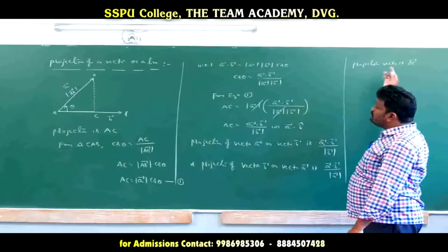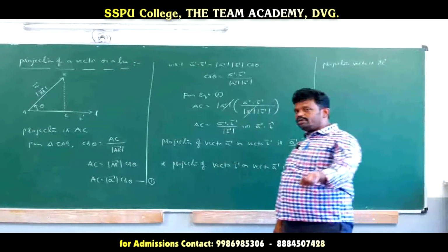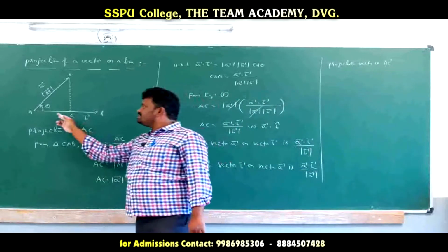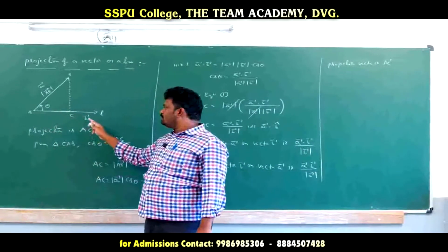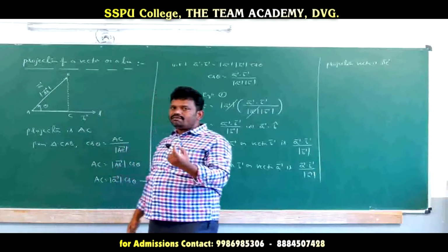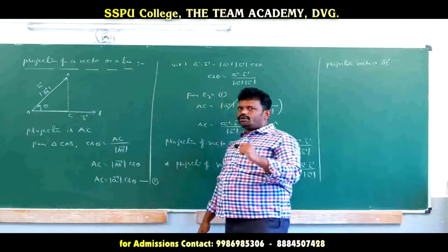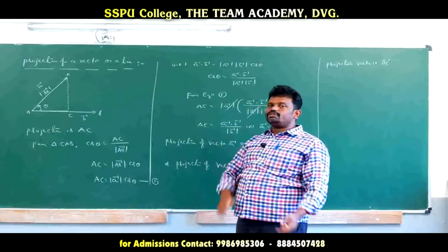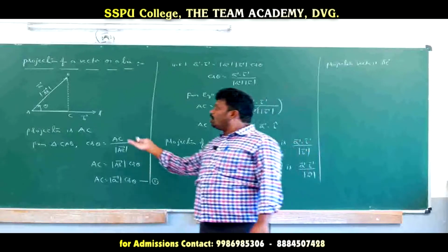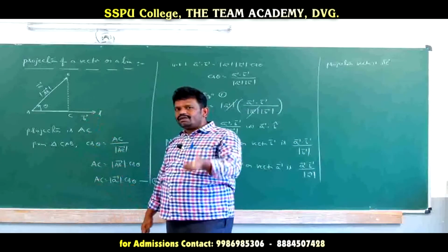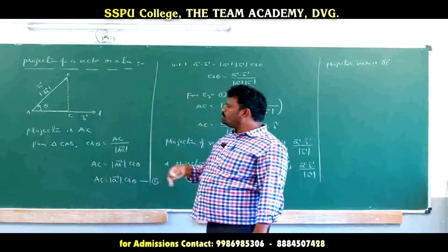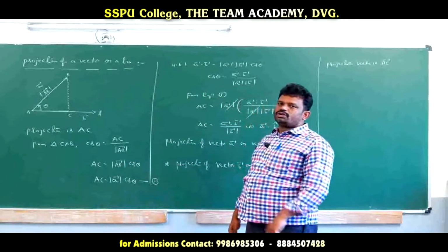On that directed line, which vector is there? The B vector. Whenever you want to convert a magnitude into a vector, you give the direction of the line, the unit vector in the direction of the given vector.